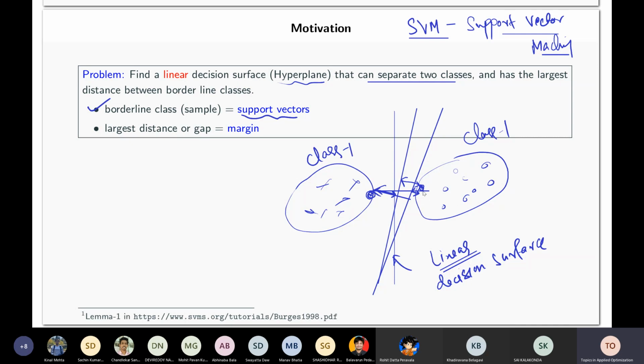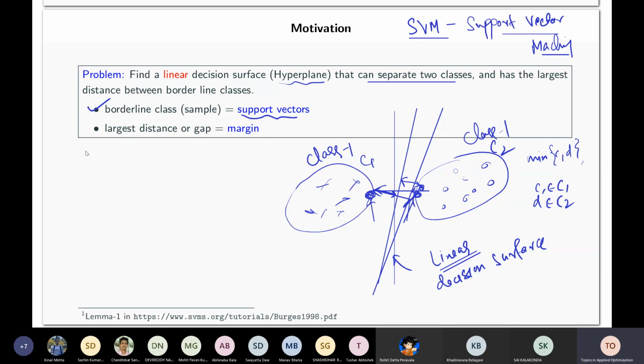If you want to find the distance between the two sets, we did some proof of that. The distance between the two sets will be the minimum of the distance between c and d, where c belongs to class 1 and d belongs to class 2. If the minimum is achieved, it will be achieved on some points here and here, and these will be called the support vectors. It's a definition.